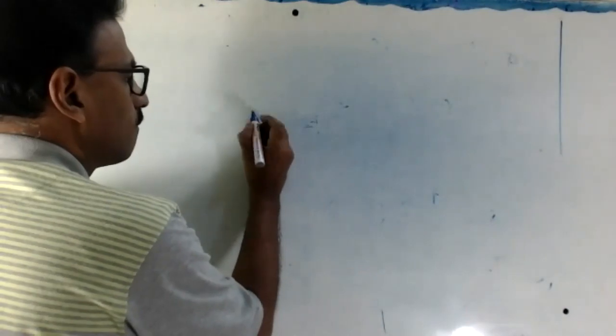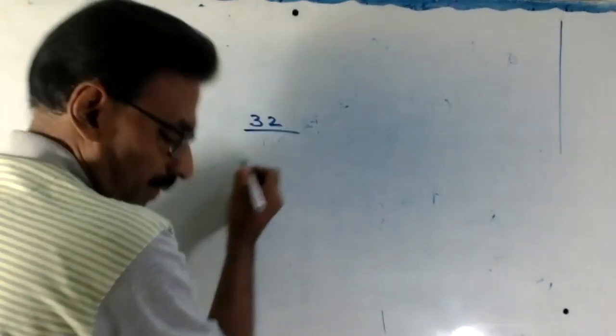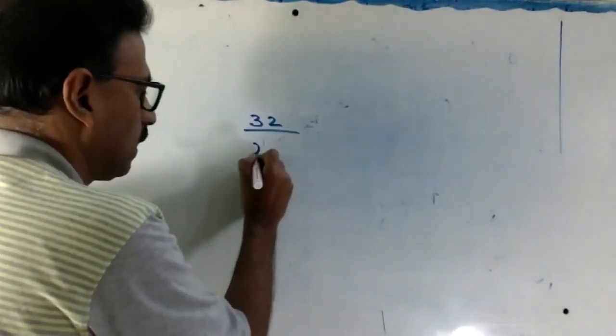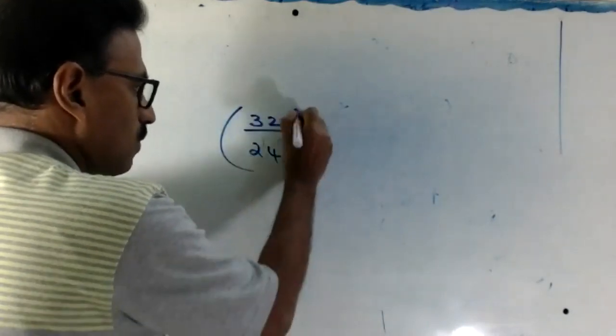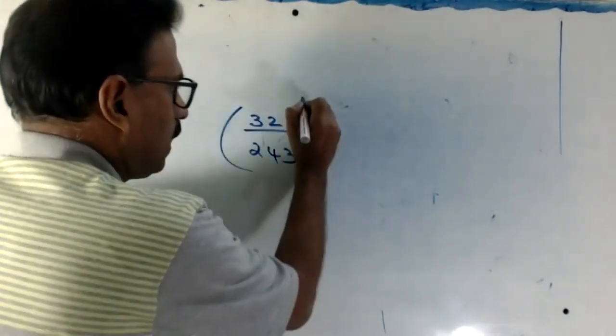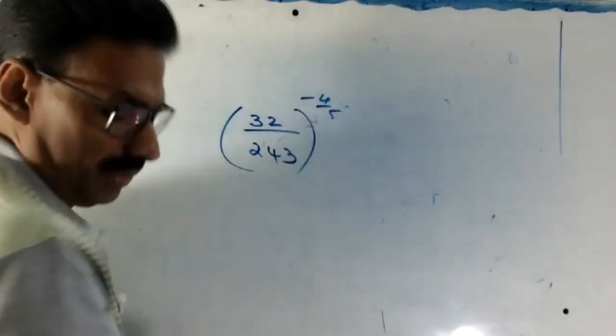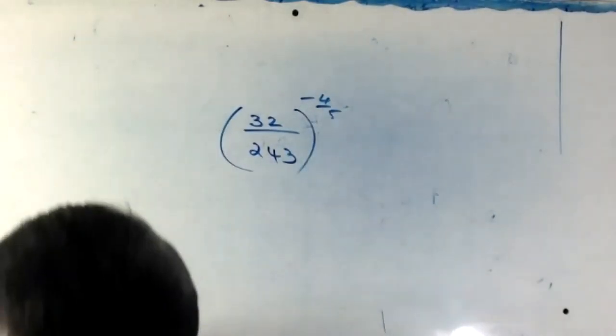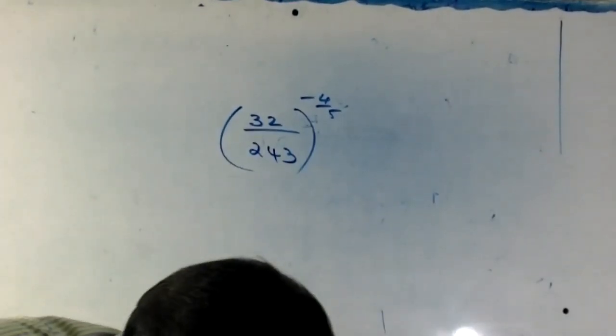32 divided by 243 whole raised to minus 4 by 5. Okay, try now.